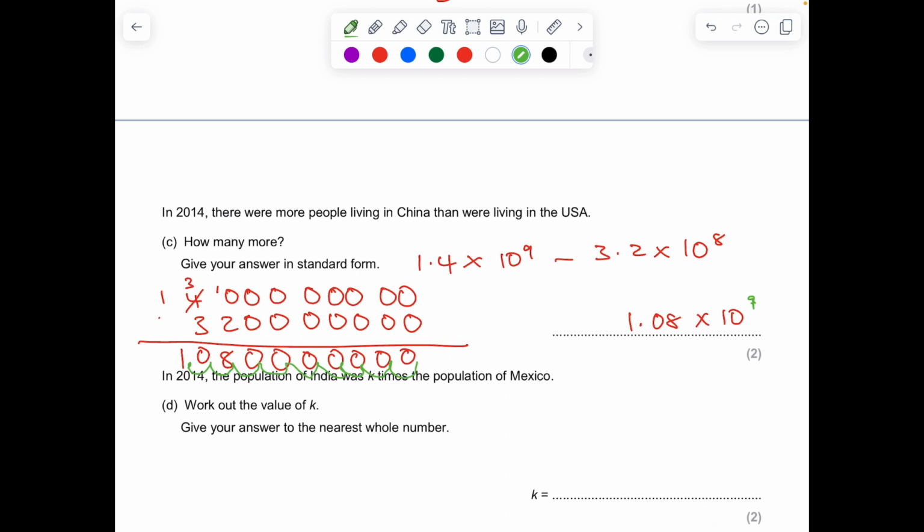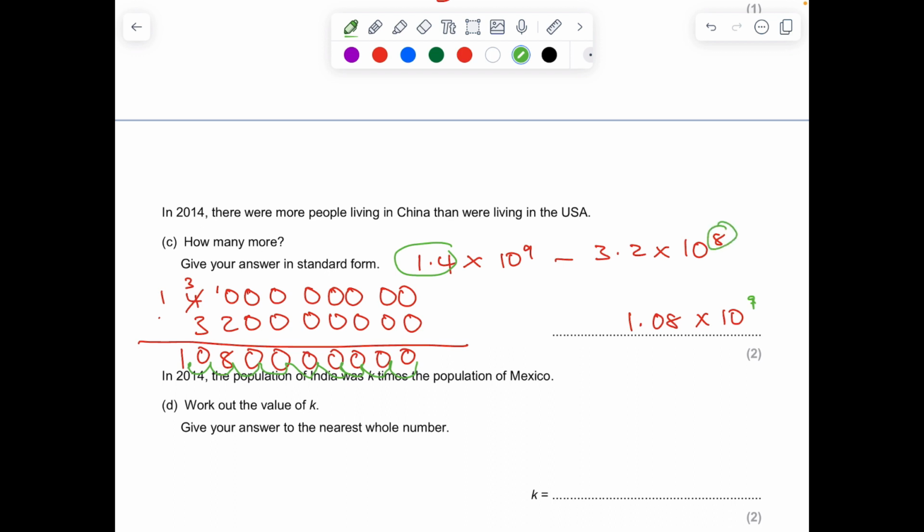The other way you could have done it, but both are valid. So that was one way, turn them into ordinary numbers and then do the subtraction. Or you could have made the indices the same. I'm going to make this 10 to the power of 9.